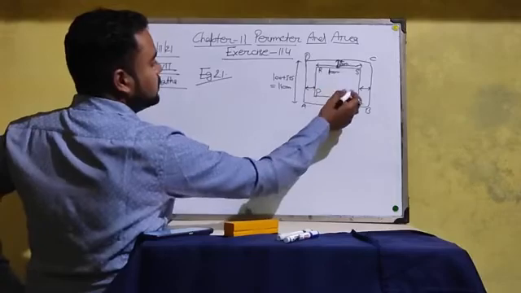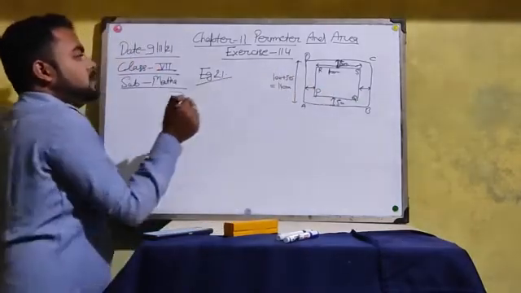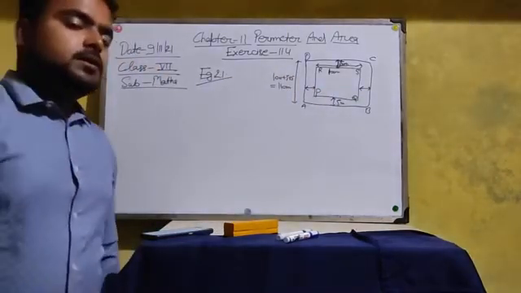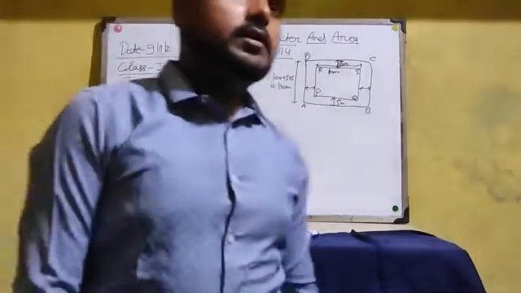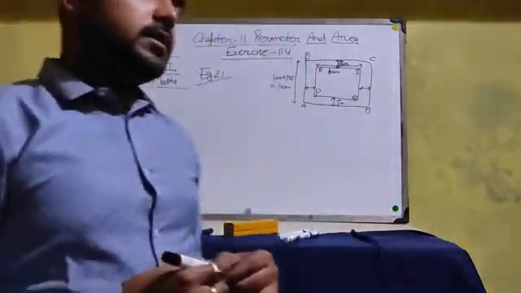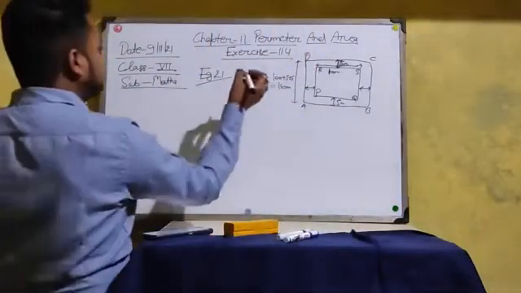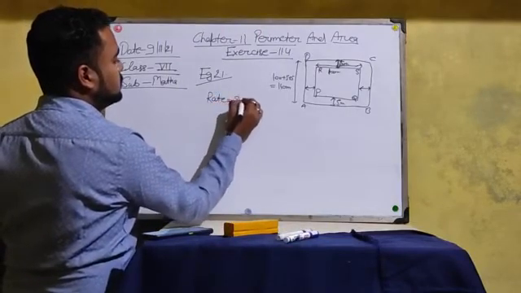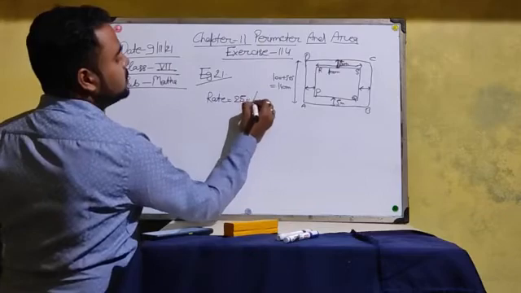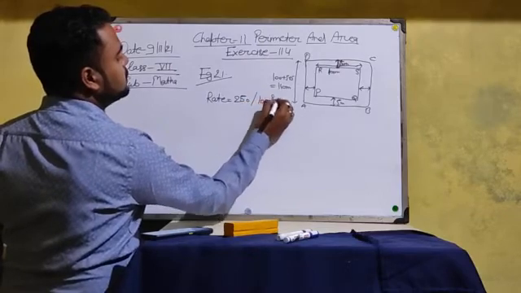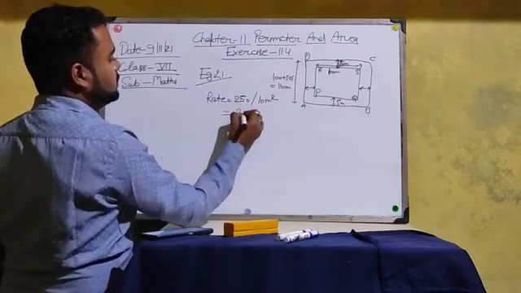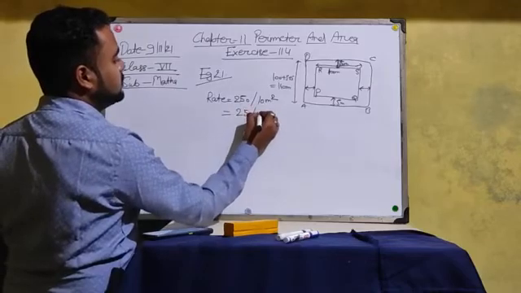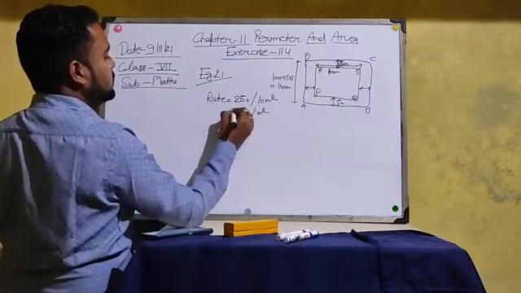Then we find the area of the path, and when we find the area of the path, we multiply it by the rate that is given, 250 per 10 meter square. It can be written as 25 rupees per meter square.